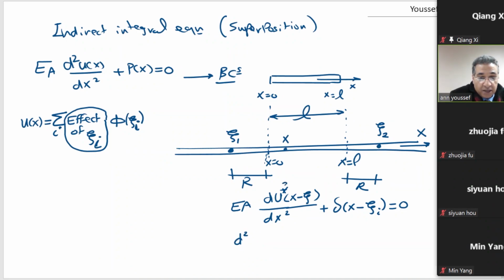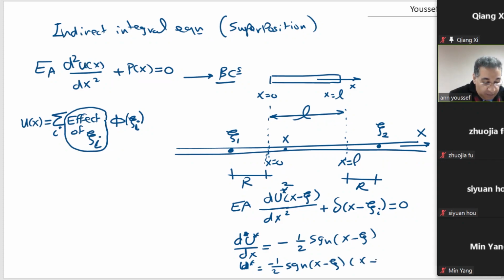This is the second derivative, so integrating once, du star by dx equals minus 1/2 sign of x minus xi, and when we integrate the second time we will have u star equal to minus 1/2 sign of x minus xi times x minus xi. This is the effect of a unit source at xi.